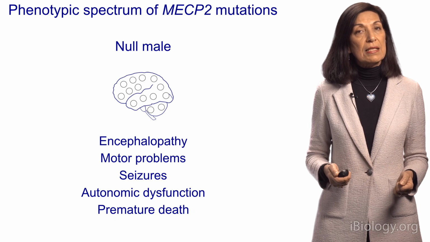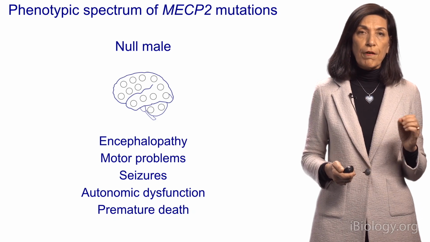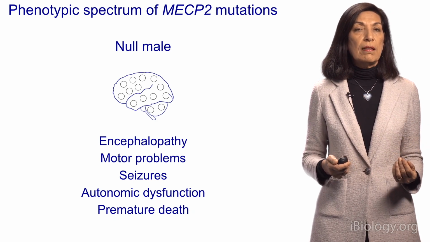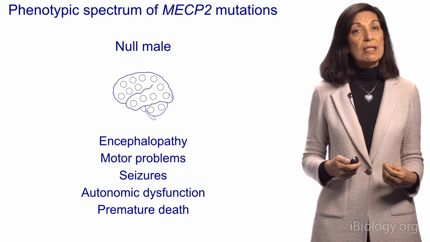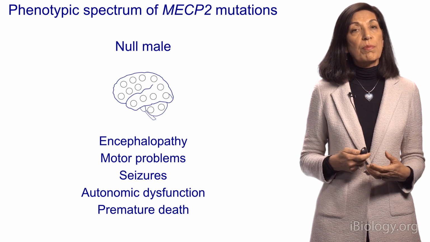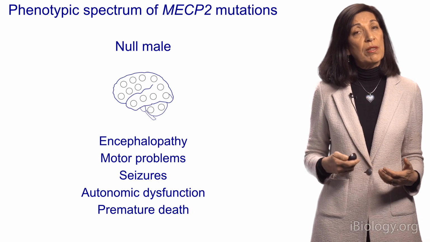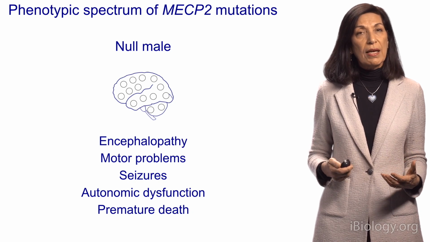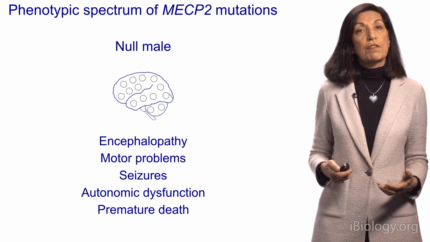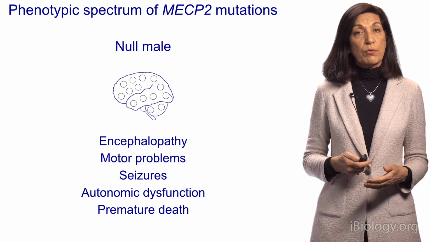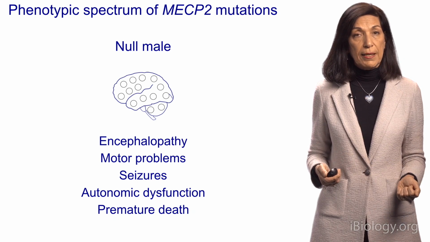When every brain cell is affected, the disease is far more severe. These males will present with what we call encephalopathy. It means there's pathology of the whole brain. It means when they're born, they're hypotonic, they can't do much for themselves, and they're really weak. That's when the gene is totally missing.